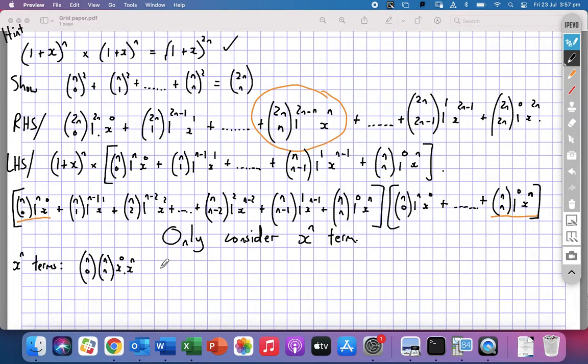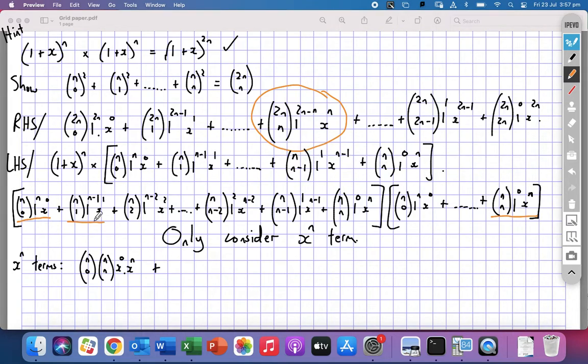Then we'll get another x to the n term when this term here meets up with a term over here where it's an n minus 1 term. I haven't written it here, I didn't have room. I've got it up here though.